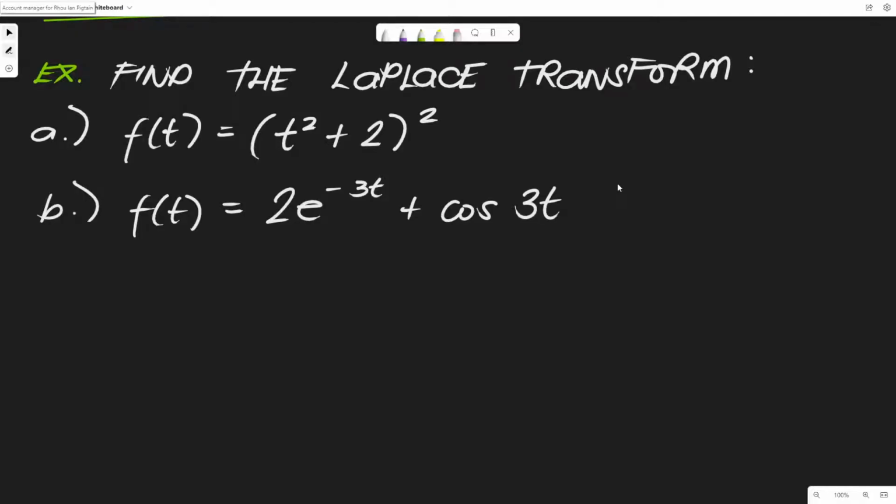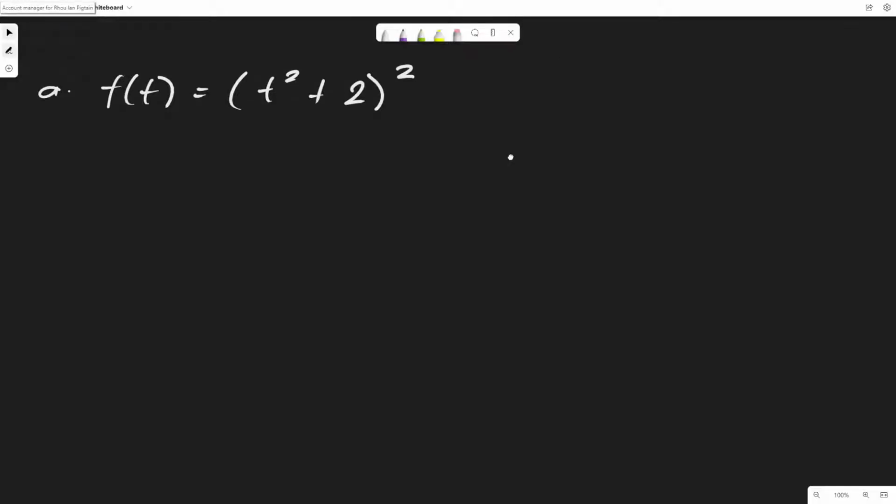So, let us find the Laplace transform of f of t is equal to t squared plus 2, quantity squared. Expand ko siya muna, kasi wala pa tayong formula for a squared function, unlike ng mga integrals and differentials natin, pwede mag-use substitution.